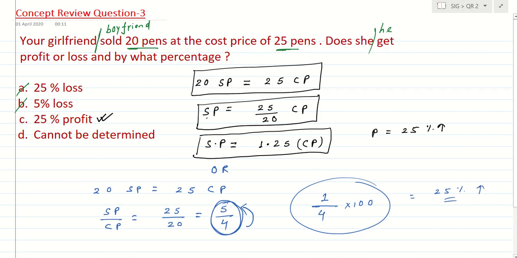That is the increment, because SP is more, which means the final value is more than the initial value. 1 part is more than the initial 4 parts, right? So 1 by 4 into 100, I'll get the answer. That's why my answer is option C. Super.